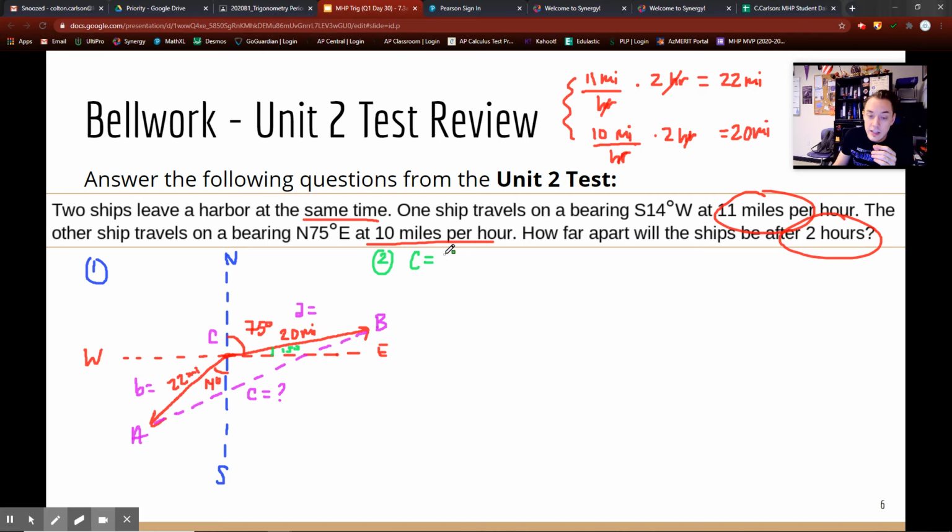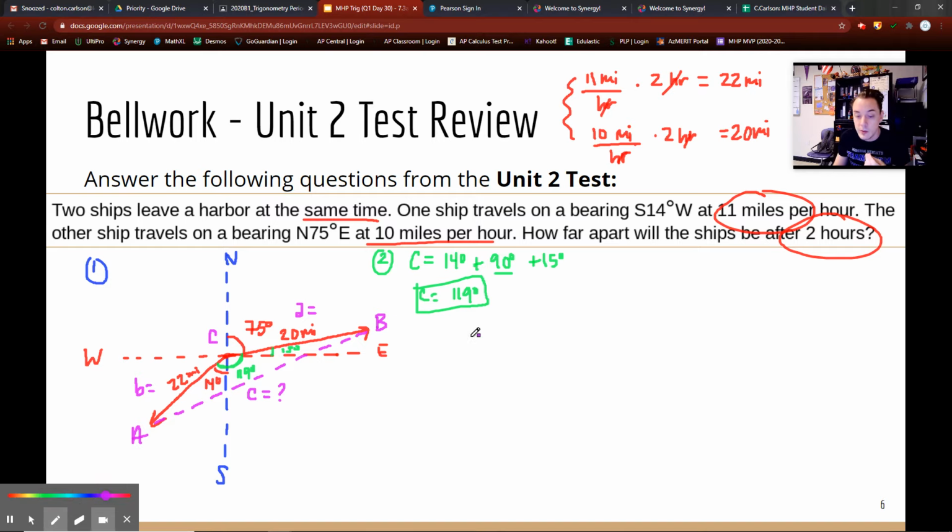Angle C equals 14 degrees plus 90 degrees from quadrant 4, and then plus another 15 degrees. Altogether, this should equal 119 degrees. That is what C equals. So this whole thing, what I'm doing in green, is 119 degrees. Since it's 119 degrees, I'm going to use that information to start solving for my question.